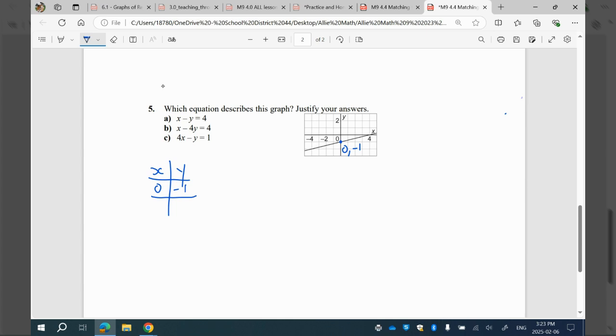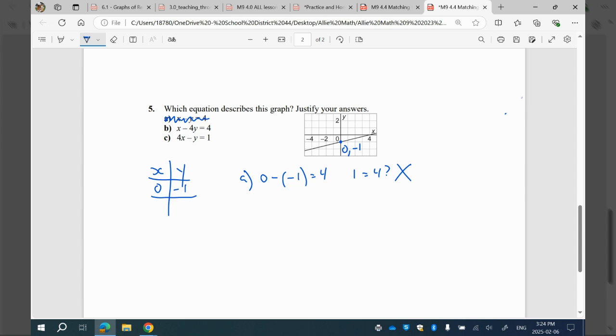Is it true for A that 0 subtract negative 1 equals 4? Subtracting a negative is like adding a positive. So is it true that essentially 1 equals 4? No, that's not true. So we know that this one doesn't work.